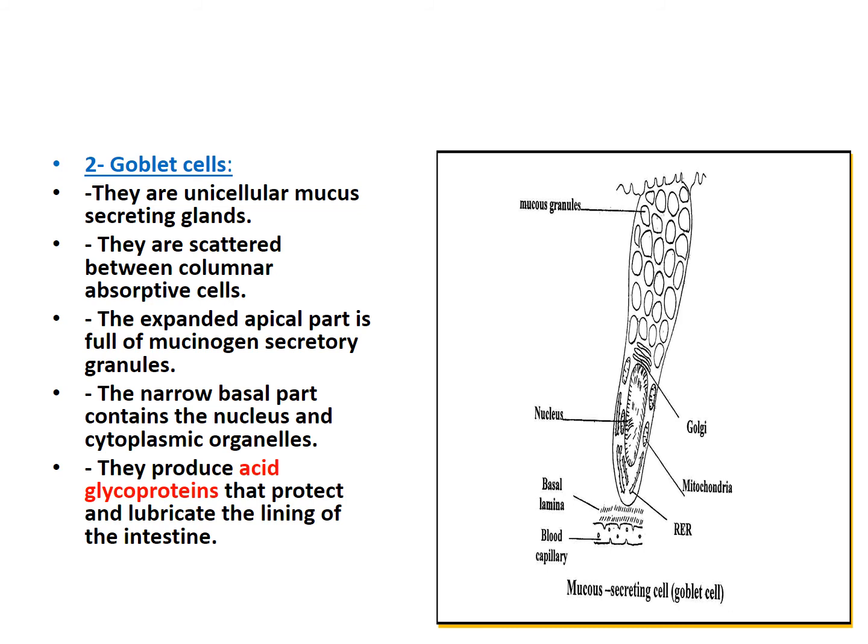The expanded apical part is full of mucinogen secretory granules. The narrow basal part contains the nucleus and cytoplasmic organelles. They produce acid glycoproteins that protect and lubricate the lining of the intestine.